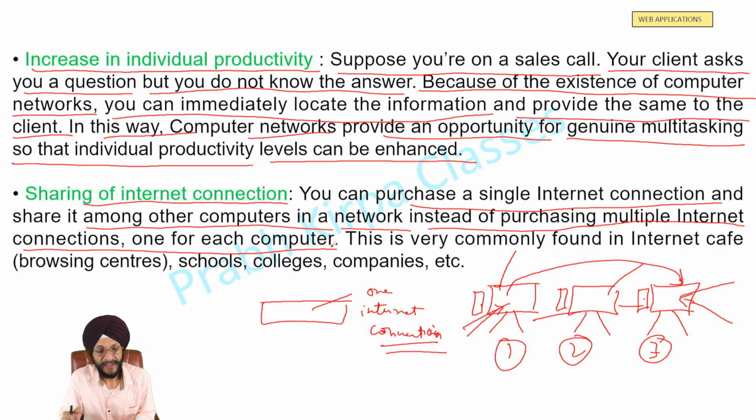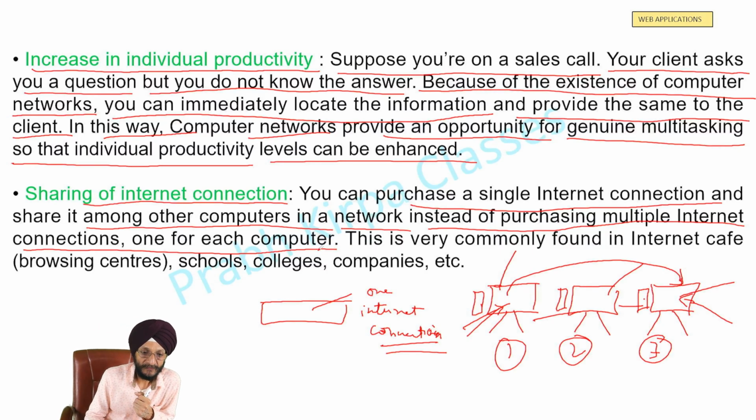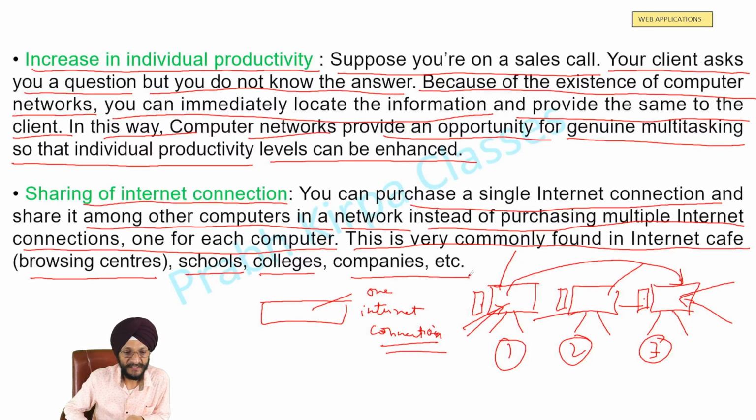In this way, a lot of money can be saved which you may have to pay in respect of each different internet connection. This type of sharing of internet connection is commonly found in internet cafes, browsing centers, schools, colleges, companies, etc.